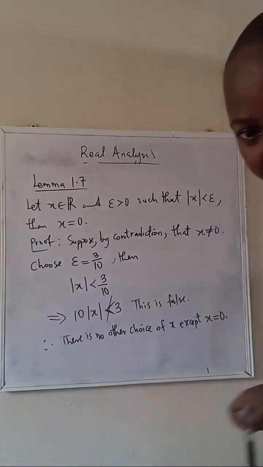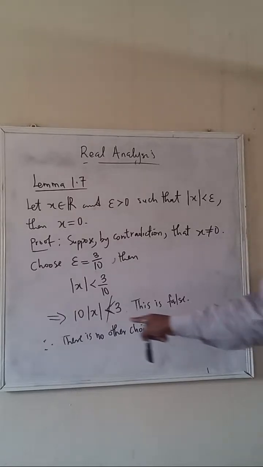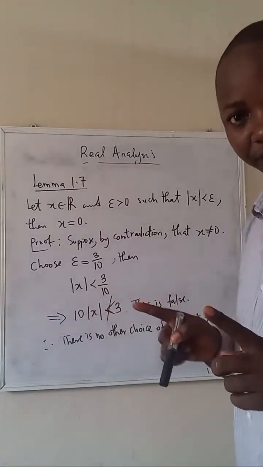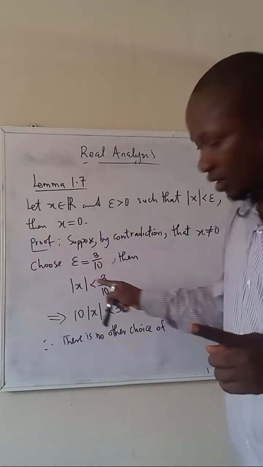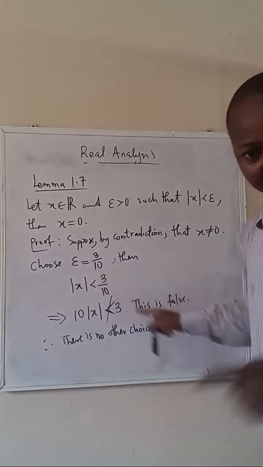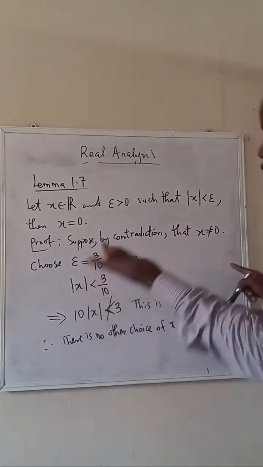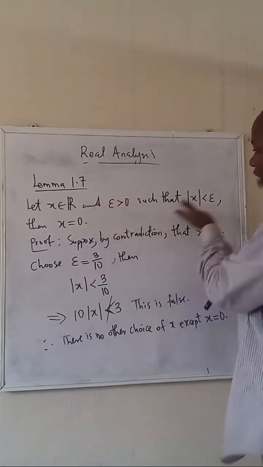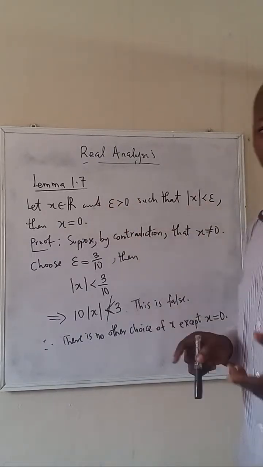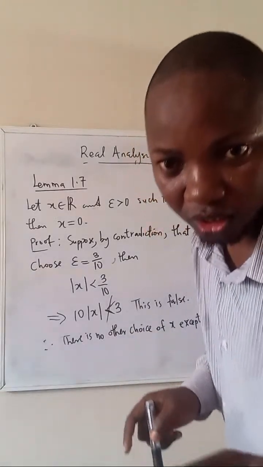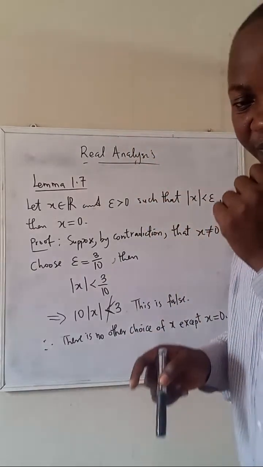If x is 0, no matter what number you pick here, the condition will be satisfied. No matter the choice of your number here, it will be satisfied. And that's why we come with the lemma that says, if you have this condition, x must be 0. I think that is clear. Yes, x must be 0. That is it.